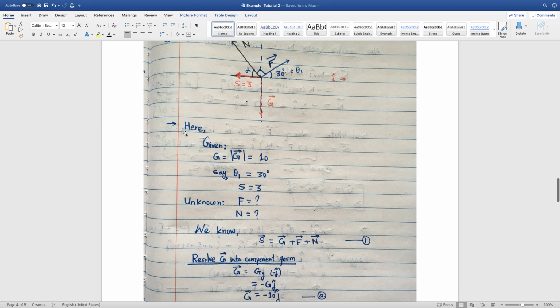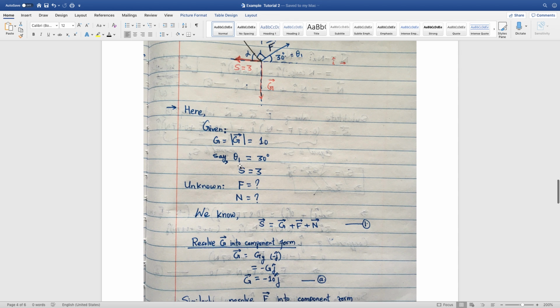And now, you can follow this part anywhere in physics, not just in this problem, not just in this tutorial. Always write down the given information. So we are given the magnitude of vector G equal to 10. Let us say theta 1 equal to 30 degrees.